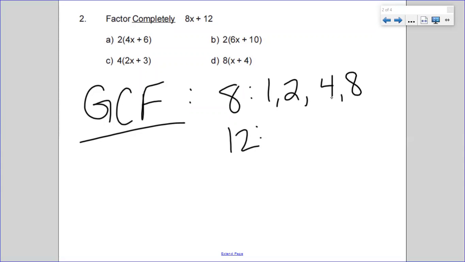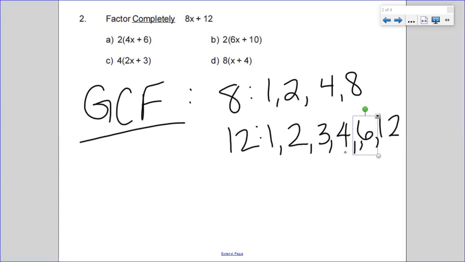So we are done with the factors of 8, 1 times 8 and 2 times 4. Now let's look at 12. We do 1 and 12, start there. Let's do 2 times 6 and 3 times 4. So here is my complete list for 8 and 12.